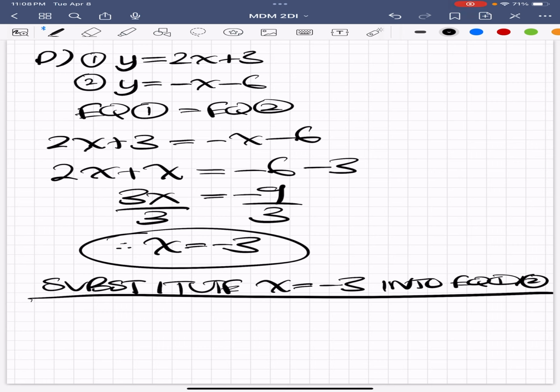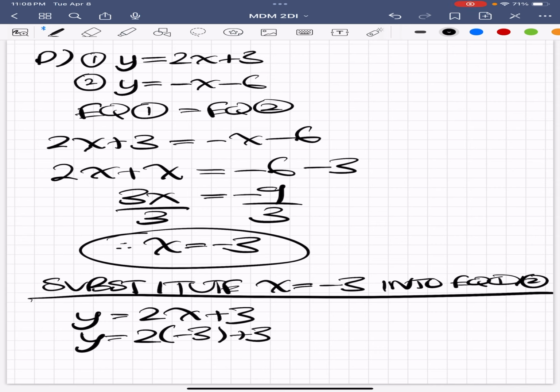So now we have y equals 2x plus 3, y equals 2 in brackets negative 3 plus 3, and then we have y, that would be negative 6 plus 3, and then we have y equals negative 3.